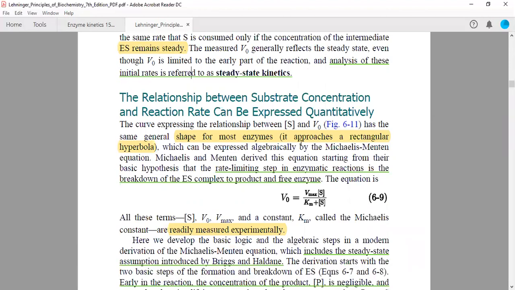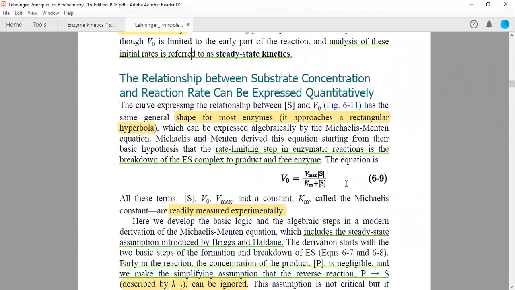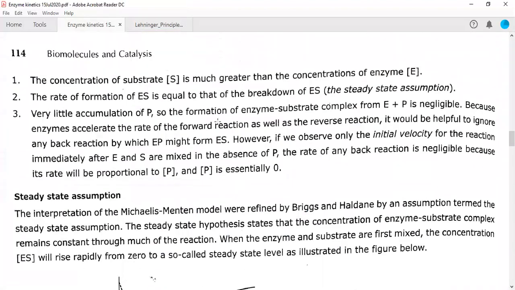Now we are going to derive an equation called the Michaelis-Menten equation, that is V naught, the initial velocity, is equal to V maximum times substrate concentration divided by Km plus substrate concentration. To derive this equation, we need these three assumptions, which are very significant.